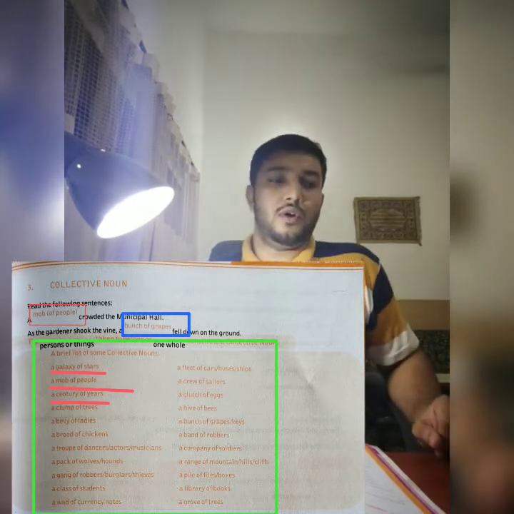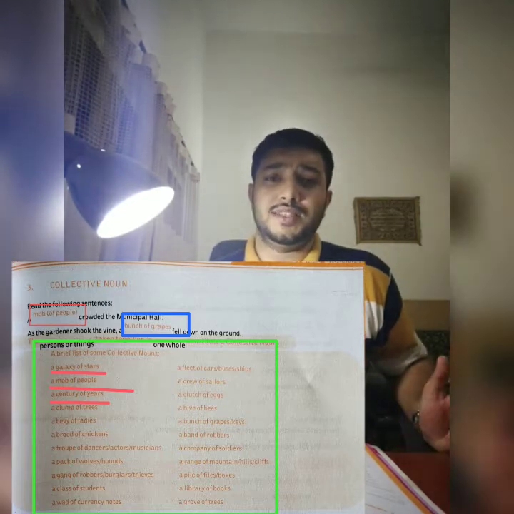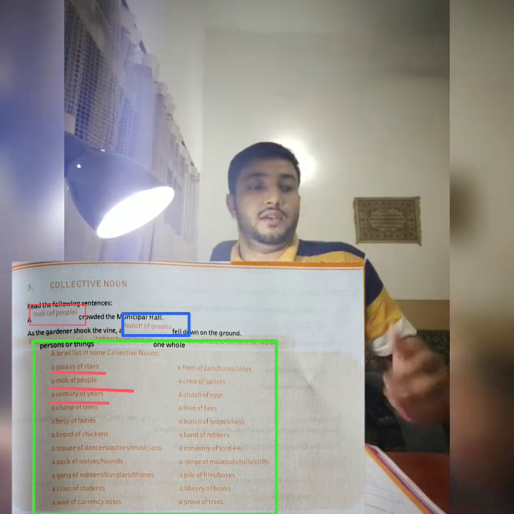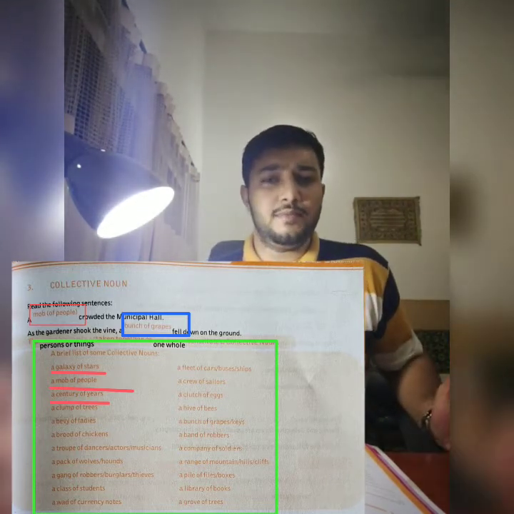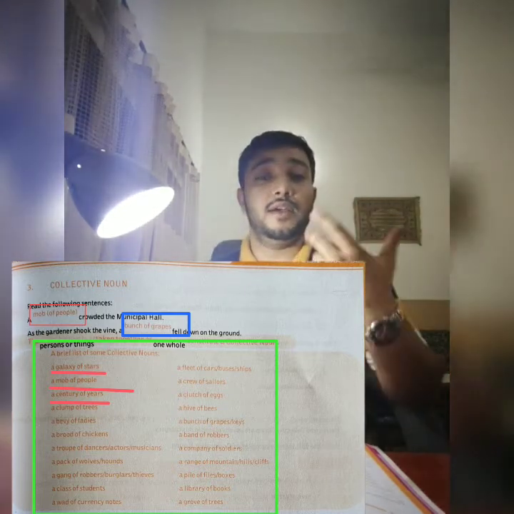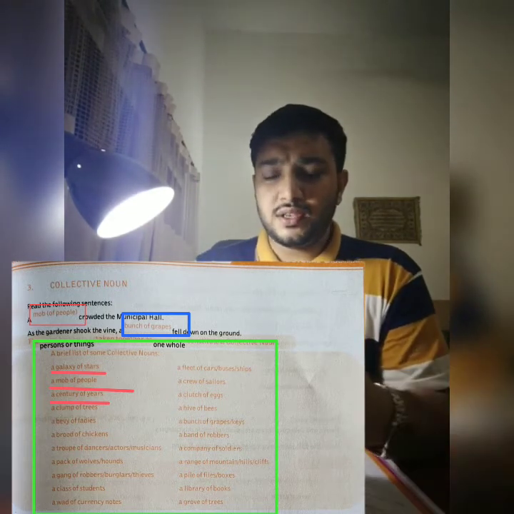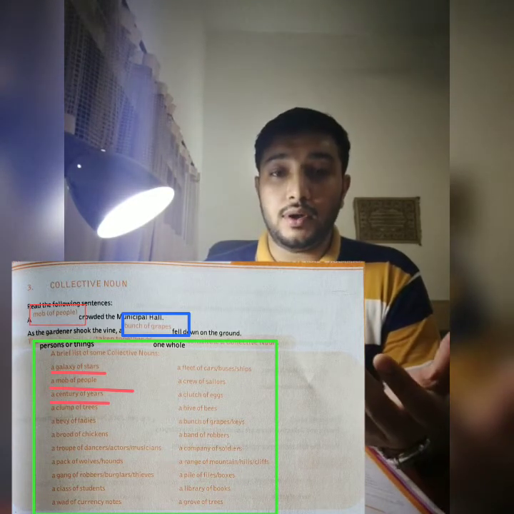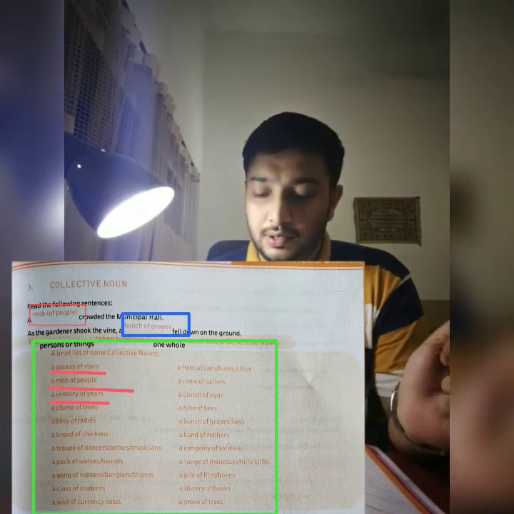When you talk about 100 years, that is known as century. When you take eggs, you say, please give me 1 dozen or 2 dozens of eggs, which means 12. Decade means 10 years. So collective means collection of something, like a bunch of grapes, or a mob, which means gathered people.